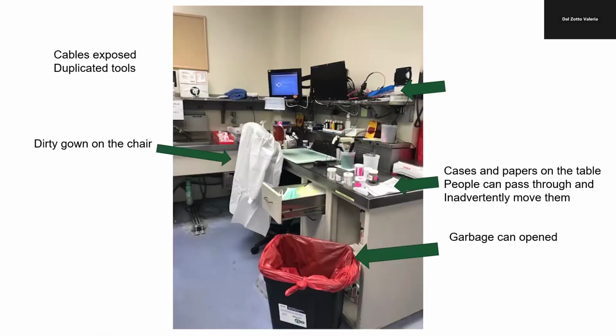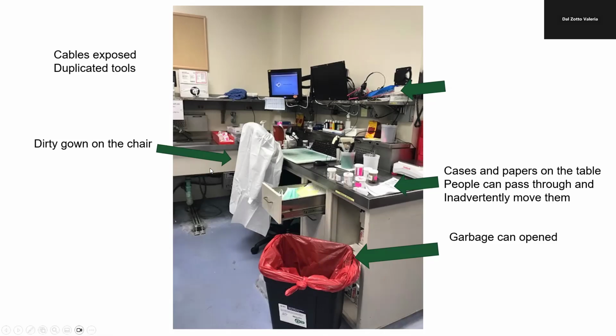This is an example of a no-no table. Many specimens and papers are on the table. Some of the specimens accidentally, while you are moving your arms, can fall into a garbage can that is open. Usually you are going to see in the gross room that all the garbage cans have lids with openers at one side, which allows us to prevent accidentally falling of objects or specimens inside the garbage can.